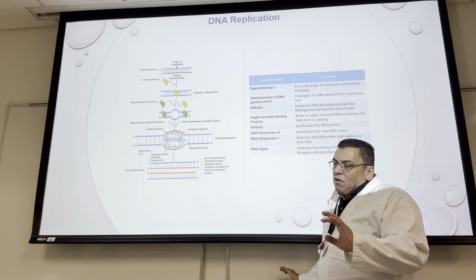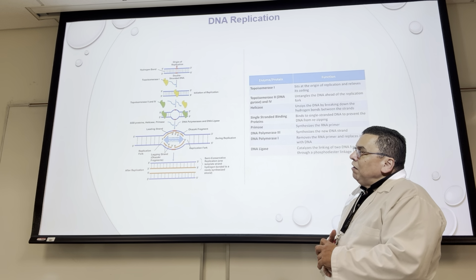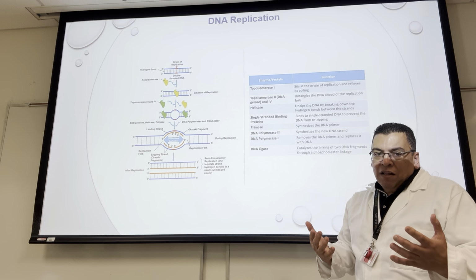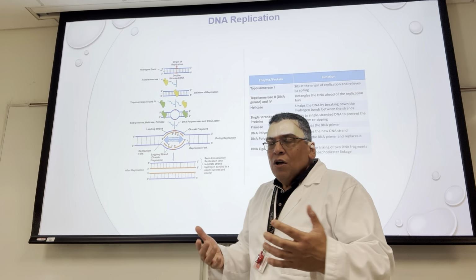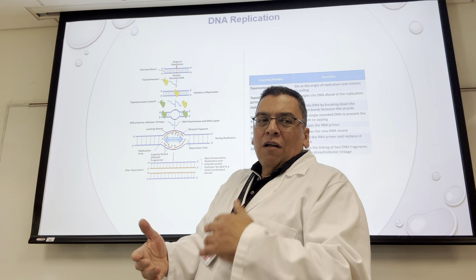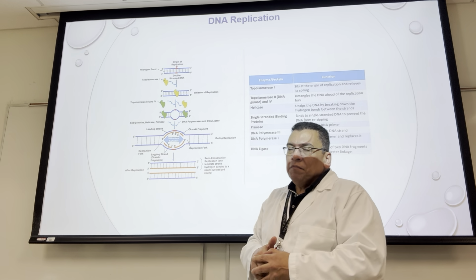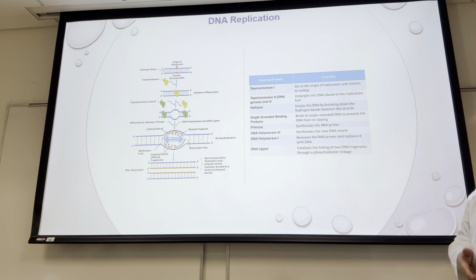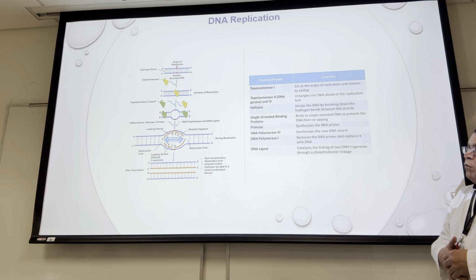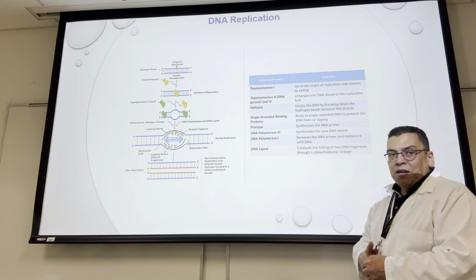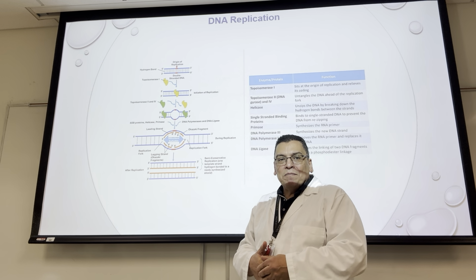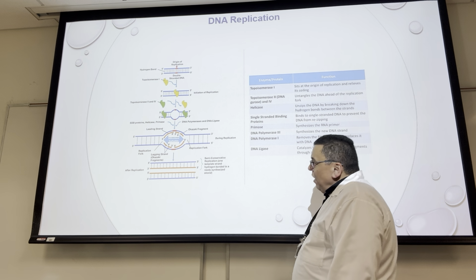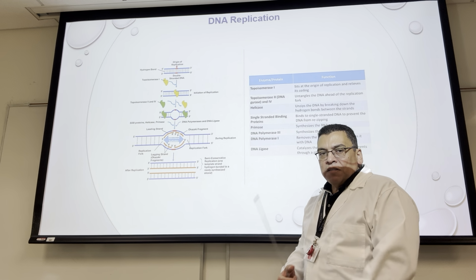Now we're going to talk about something very important that every bacterial cell and every organism does right before they decide to multiply. They copy the DNA. In eukaryotic cells, we call that the S phase of the cell cycle, which stands for synthesis, right before division of the cell.